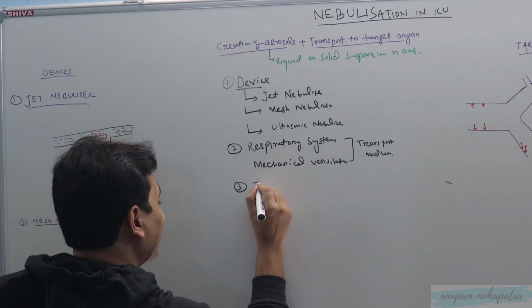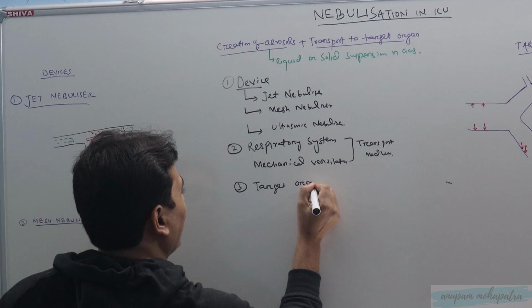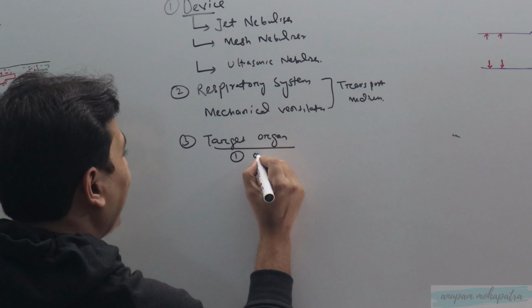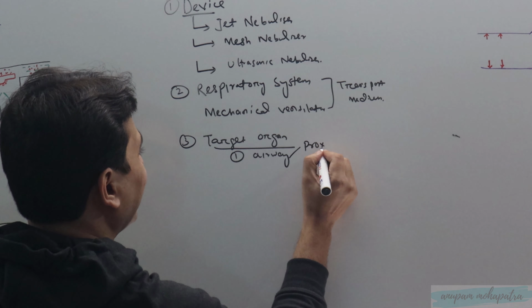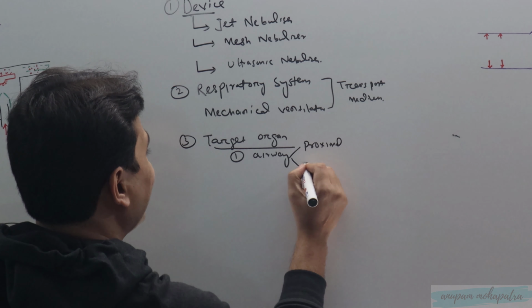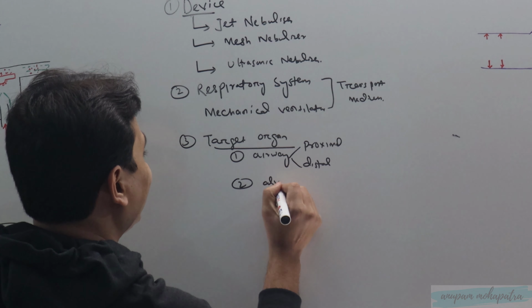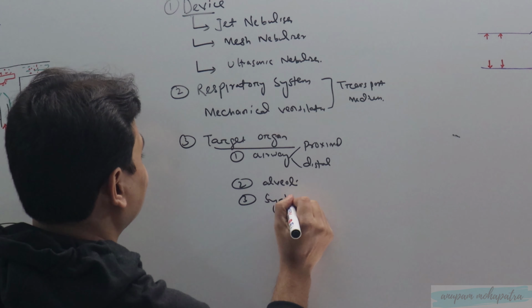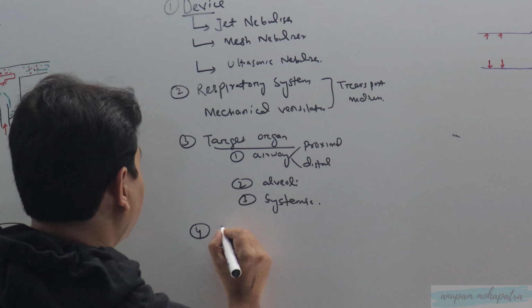And what is the target organ? Target organ can be number one, airway, which can be proximal and distal. Second, alveoli. Third, systemic in some rare cases. Right.